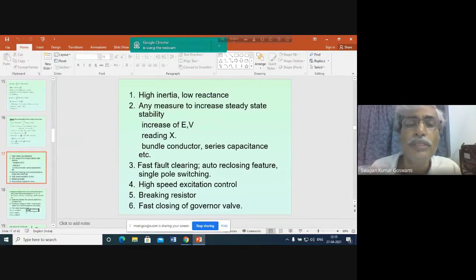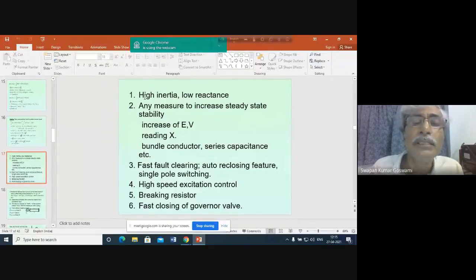Much discussion will be needed here. These are the points we can identify as responsible for stability, having an impact on the steady state as well as transient stability of our system. So let us now see some of these points, and the remaining we shall discuss in our next class.